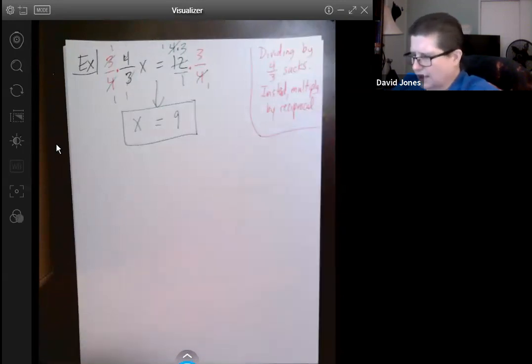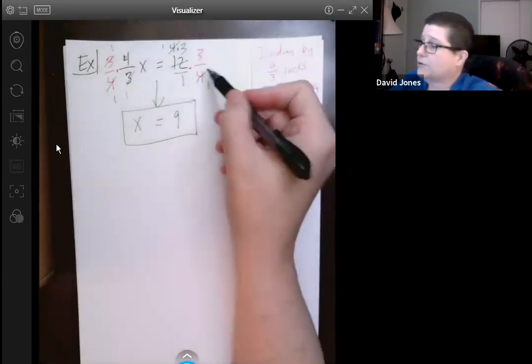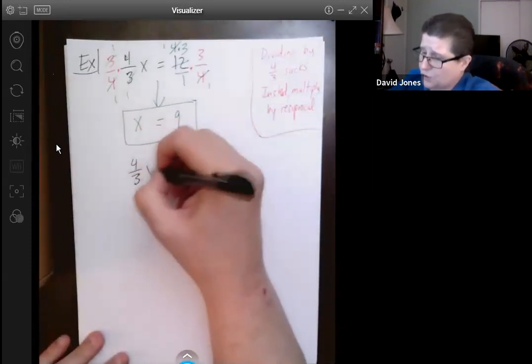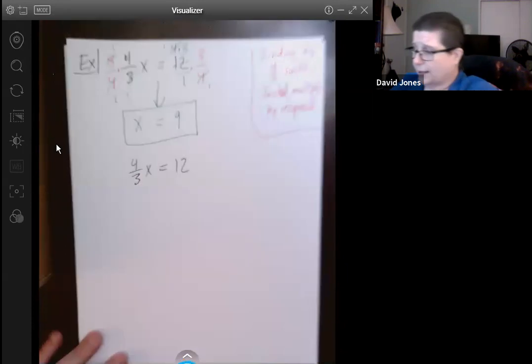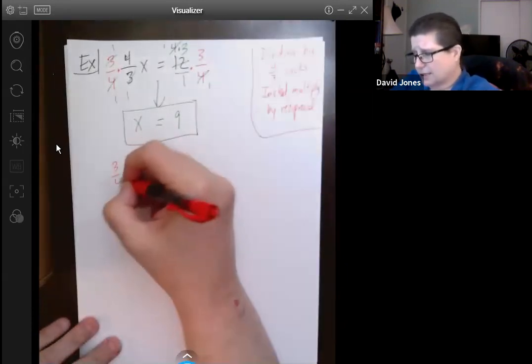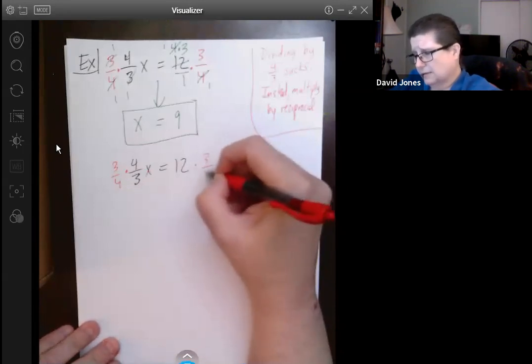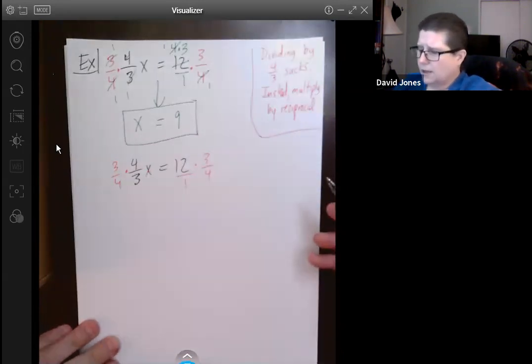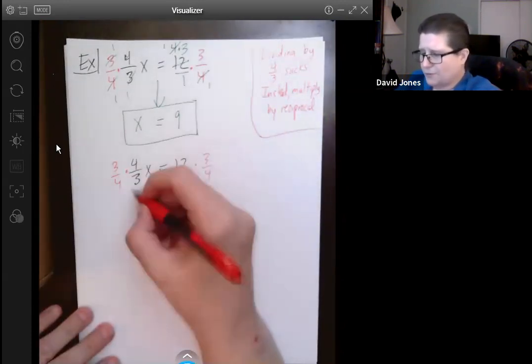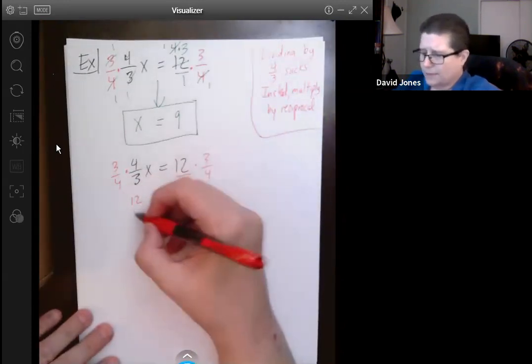Now, I hope you get comfortable working with fractions that way. I will show it where you just work it out though. We multiply by 3/4. You multiply numerator and denominator separately. 3 times 4 is 12. 4 times 3 is 12.